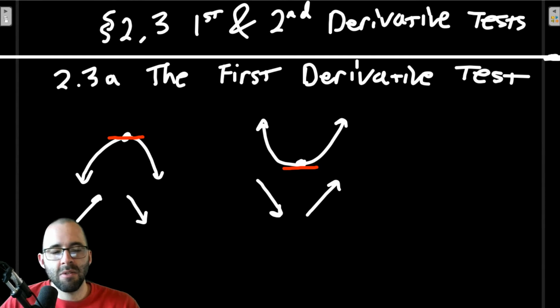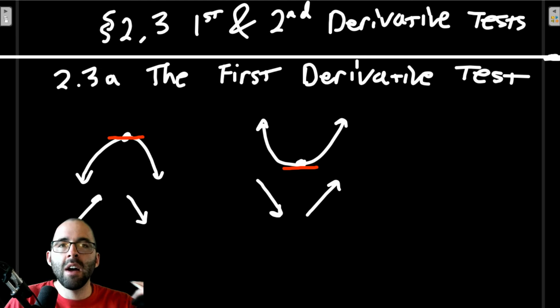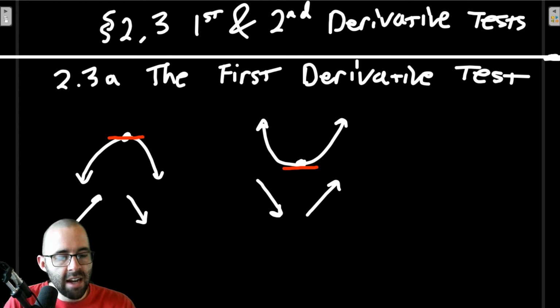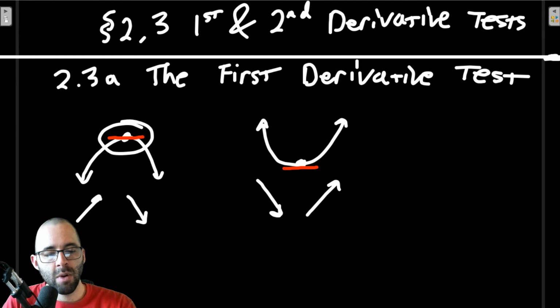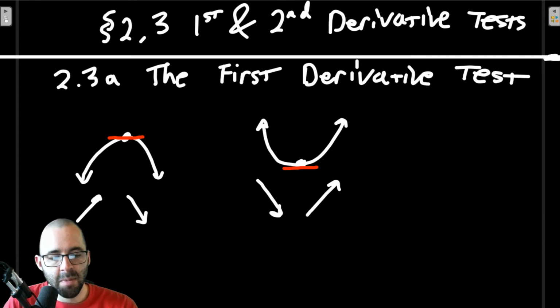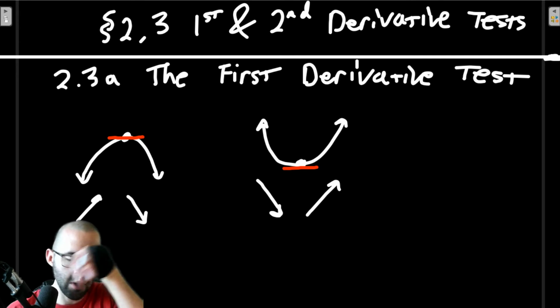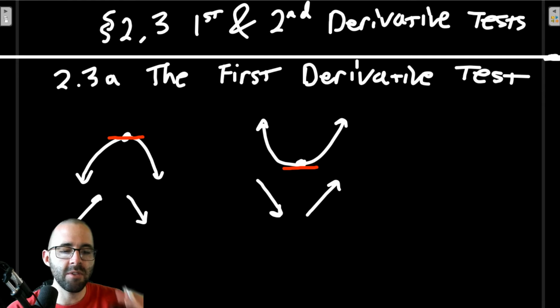And this is essentially what the first derivative test is going to be: if the first derivative of a function equals 0, then we have a candidate for a relative minimum or relative maximum. And then we'll use the first derivative test. We'll look at the first derivative to see, is it going from increasing to decreasing? In which case, it's a local maximum. Or is the first derivative going from decreasing to increasing here? In that case we'll have a local minimum.